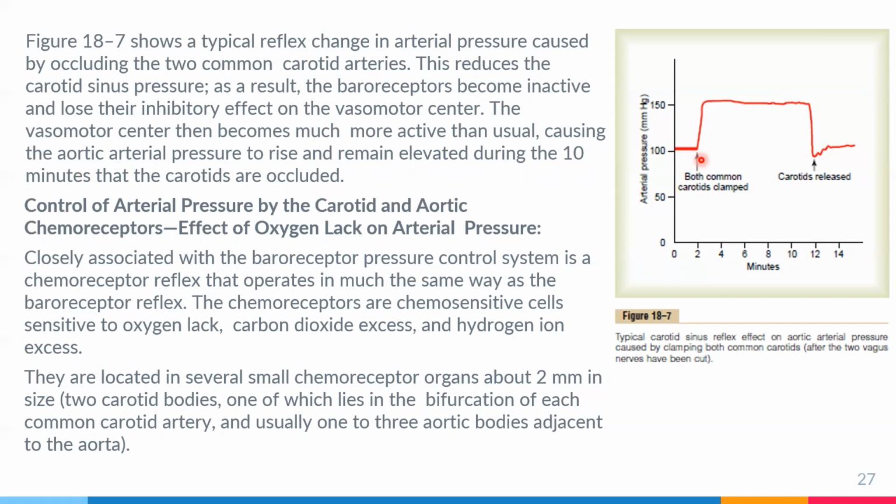But when both the carotids are clamped, this inhibitory effect is gone, and thus the blood pressure rises to a much higher level, which is maintained until the carotids are released and the baroreceptors come back online and send inhibitory signals to the vasomotor center, which brings the blood pressure back down.